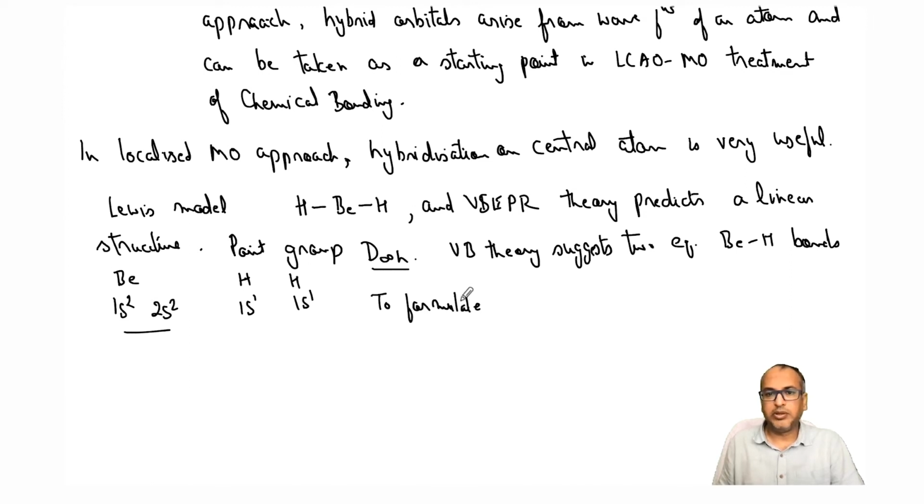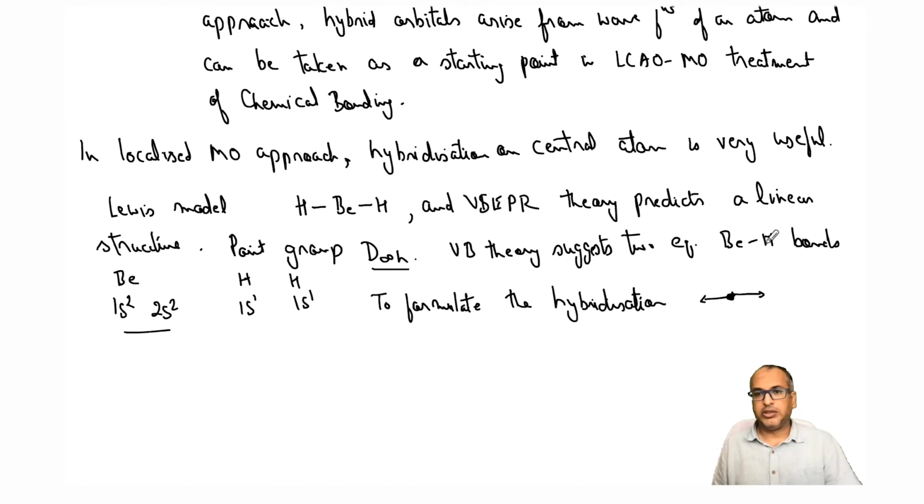What is the next step? To formulate the hybridization, we'll convert this bonding into a vector diagram. So you start from the central atom and go outwards towards the pendant atoms. These are called pendant atoms. Now we can call these phi 1 and phi 2.